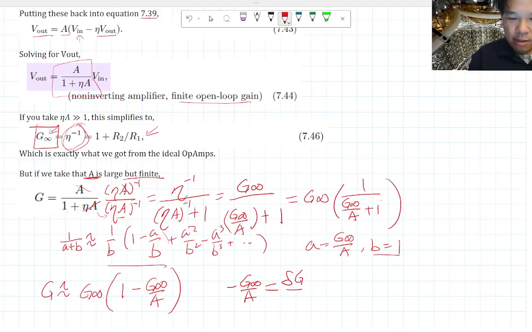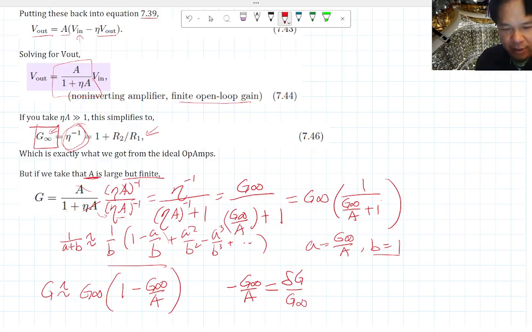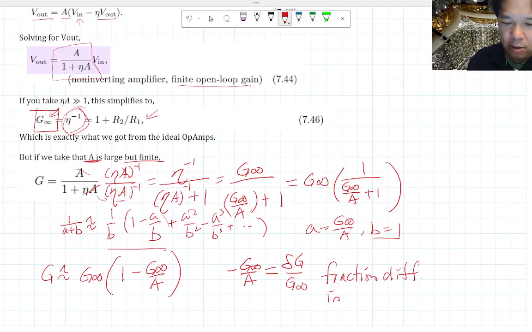Right, so it's defining negative g infinity over A as delta g over g infinity. Okay, this may not make much sense because you have this cross multiplication here. But what it's actually trying to do is define a fractional difference in the gain, right? Because this delta g is some difference in the gain, and g infinity is the idealized gain. Hopefully that makes sense. So that's what this number is, okay?